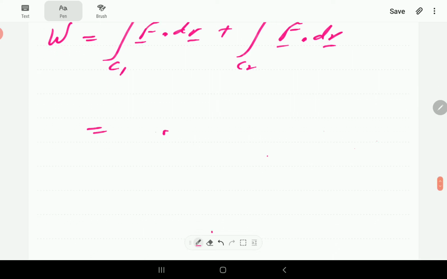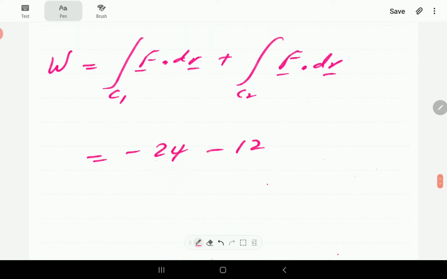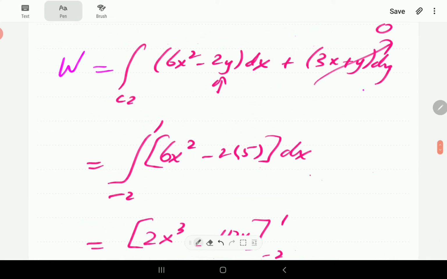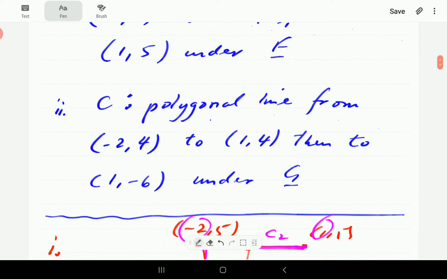Work done along C1 we found to be minus 24. Work done along C2 is minus 12. So the work done along the whole route is going to be minus 36.